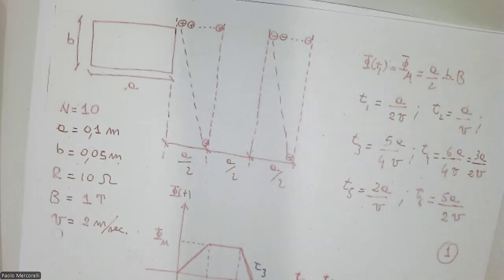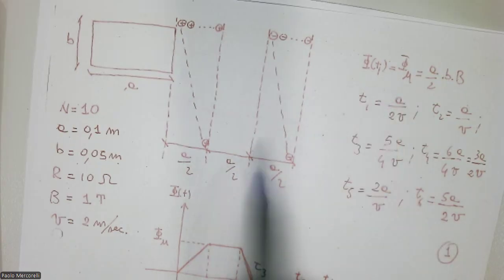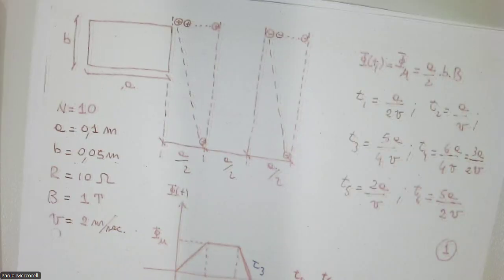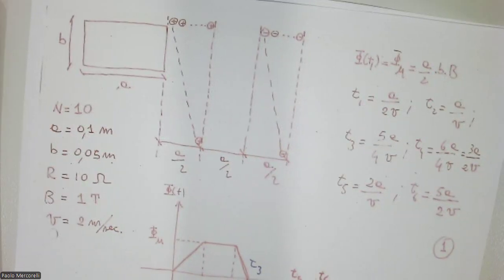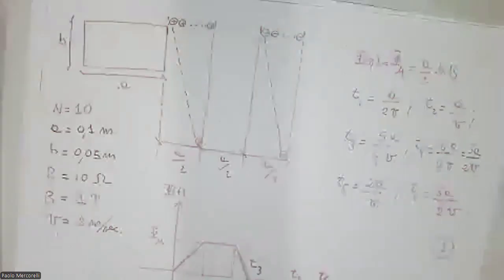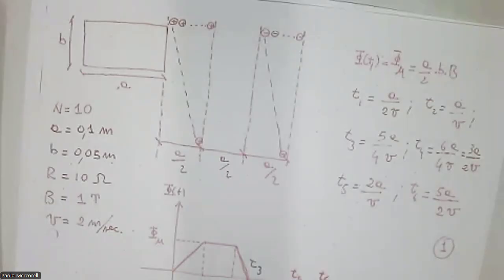T1 is as before, I don't need to explain. What about T2? T2 is again as before, T1 plus T1 divided by 2.